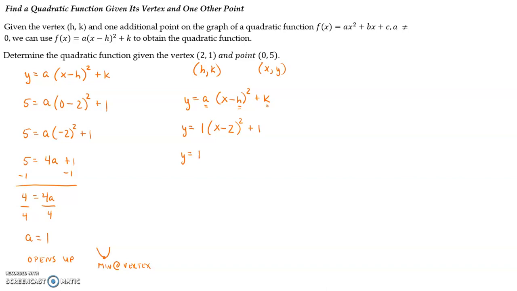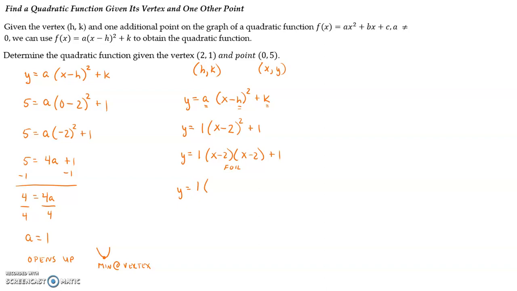And keep in mind what it means to square something. We're going to be multiplying the x minus 2 times itself. We can distribute or FOIL two sets of parentheses there. I'm going to leave my 1 all the way out in front.